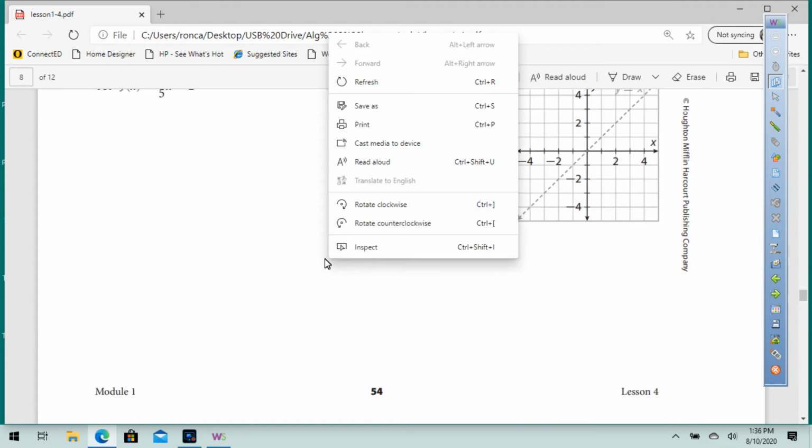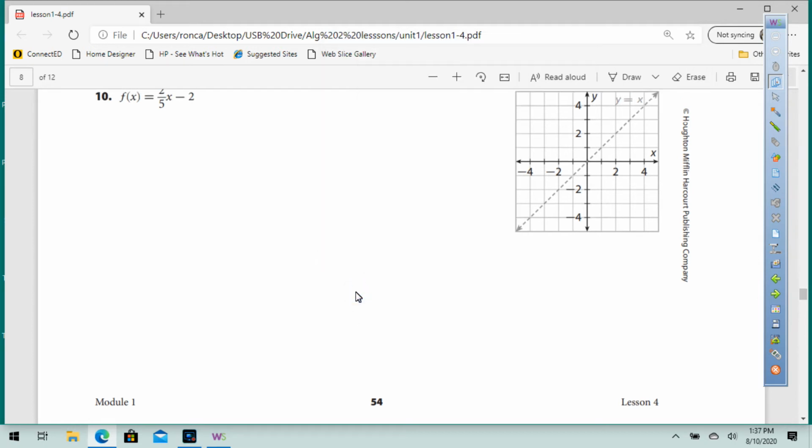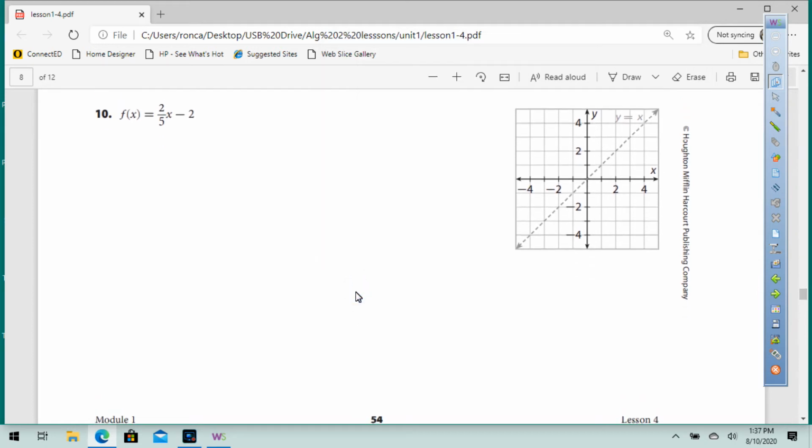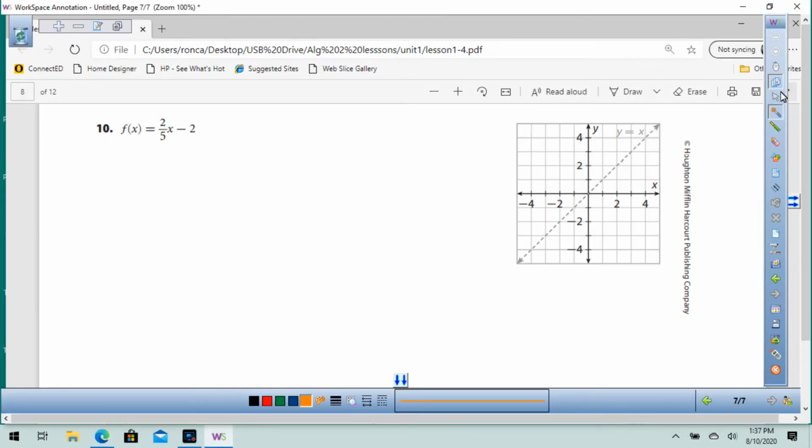Number 10. What do we do first? Well, we've got to find the inverse, right? So to find the inverse, we've got y equals 2x minus 2.